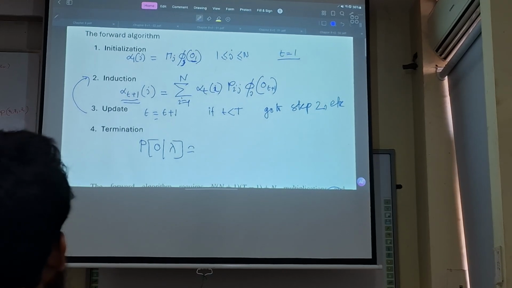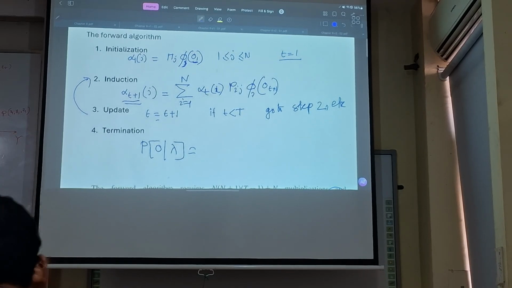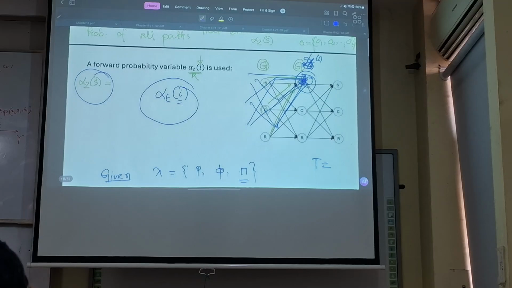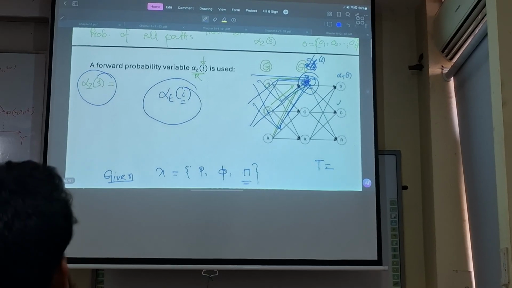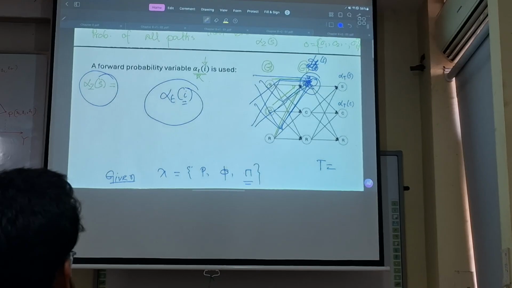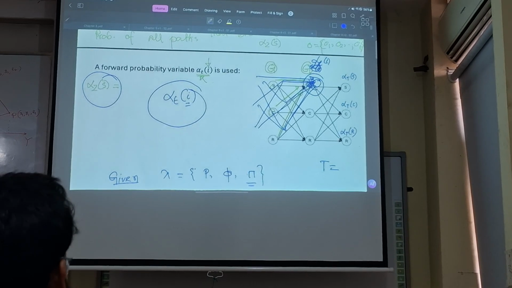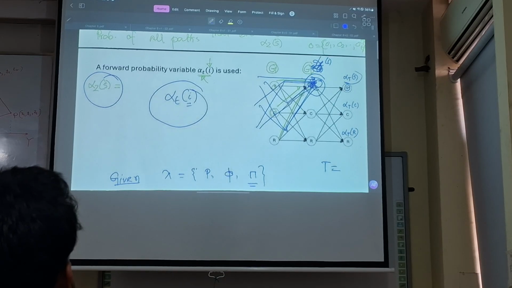What is the probability? When you have calculated alpha T for S, alpha T for C, and alpha T for R, that means all the paths that ended in this state, the probability is here.